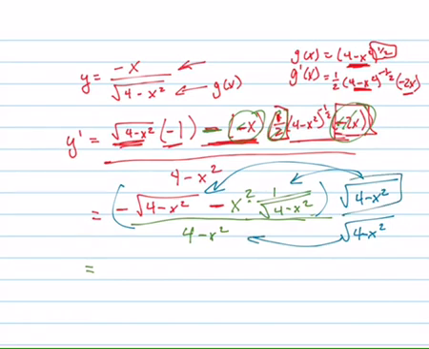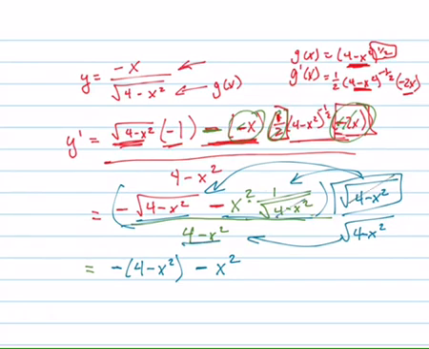So when I first multiply this to here, it becomes nicely negative, careful with that negative, 4 minus x squared, because the square roots go away. The second term on the top turns into a negative, just x squared, because these cancel out right there.